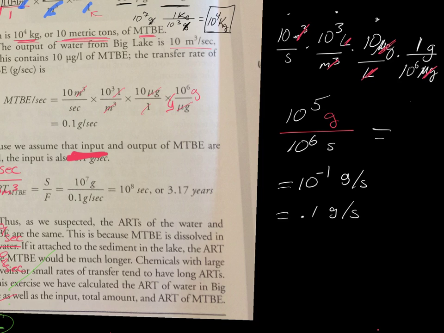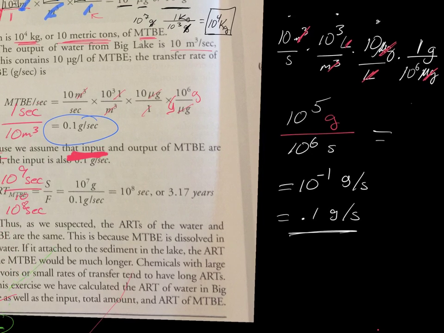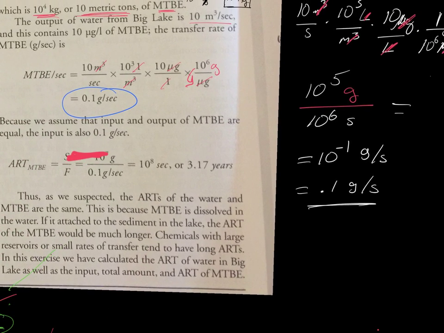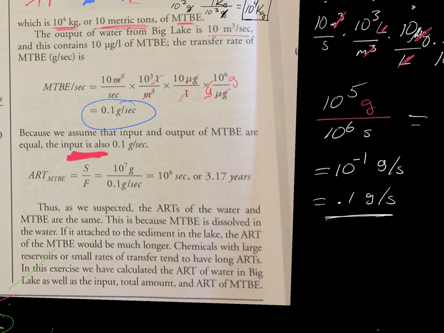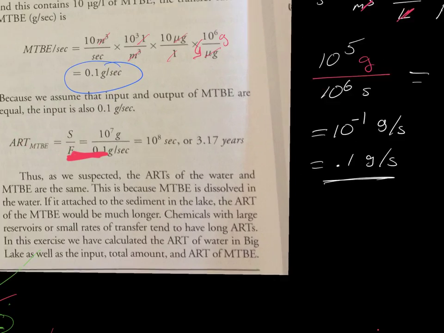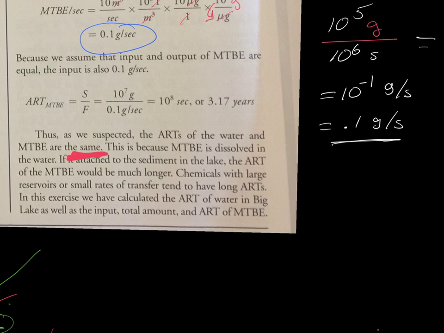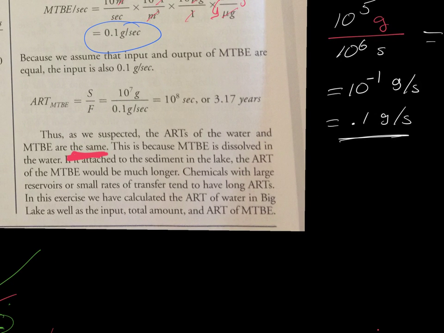So in any case, this is where they got this 0.1 grams per second. Now if we go ahead and see where we finally get to the end here, we say, all right, so we got 0.1 grams per second, that's fine.